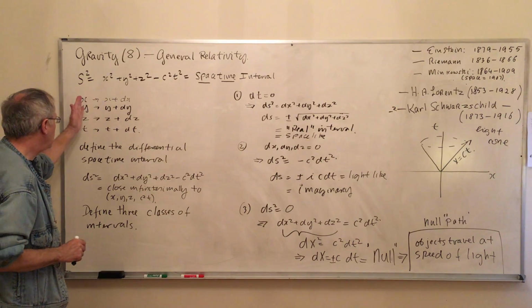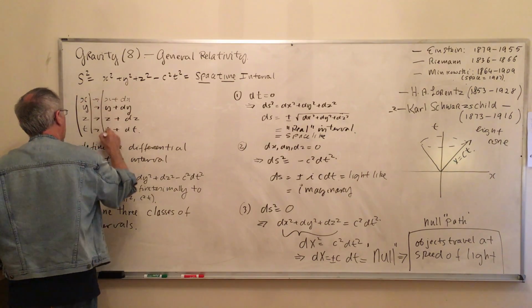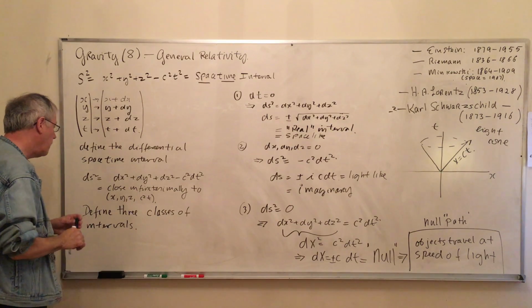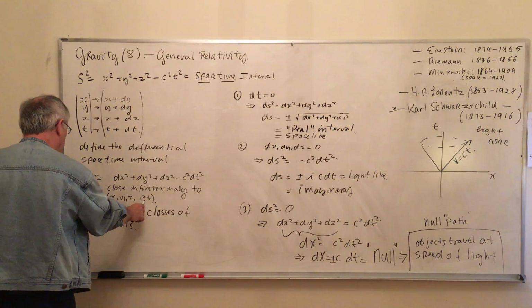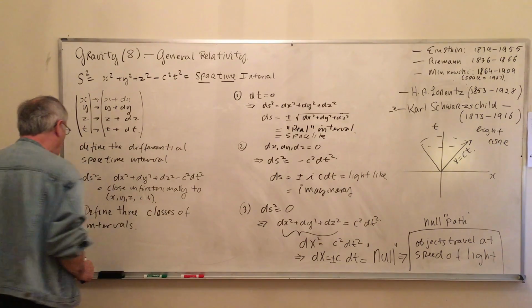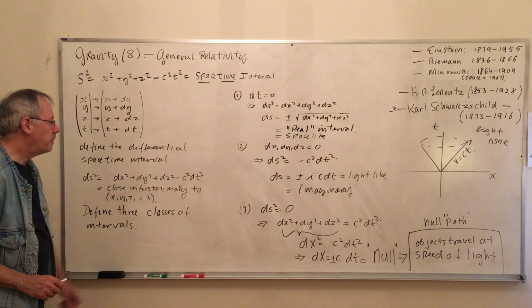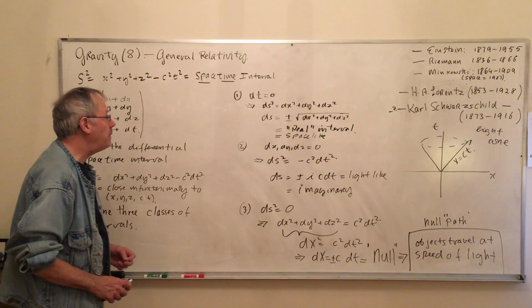The difference between this space-time point and this space-time point is simply this. Okay, so infinitesimally close to x, y, z, ct, we have the space-time interval that looks like this.